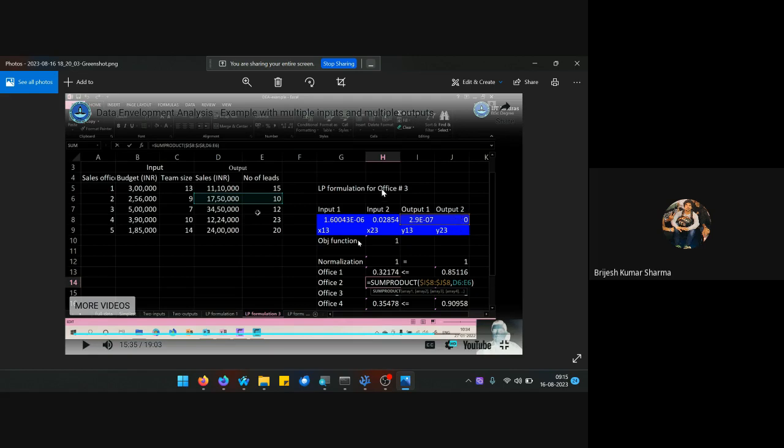So at the end, this is what it concludes: that I do not have to consider the number of leads to calculate its efficiency. To make this office the most efficient one, I do not have to consider the number of leads. I mean, without taking the number of leads, I can make this office efficient. This is what it means.